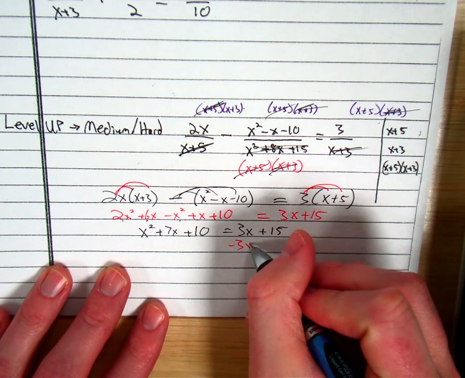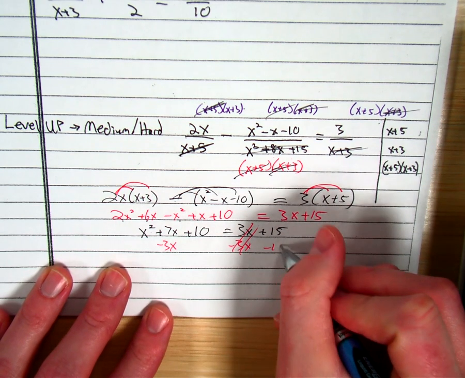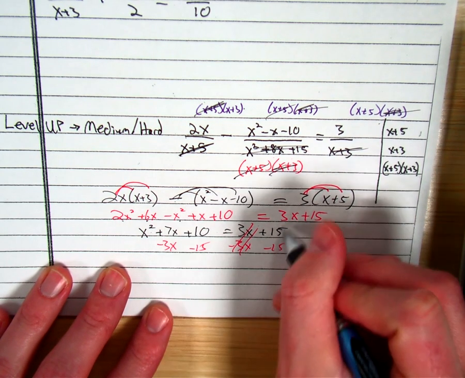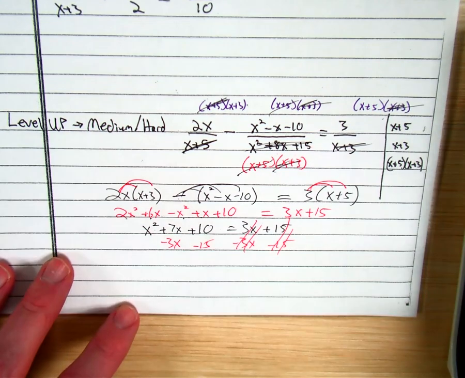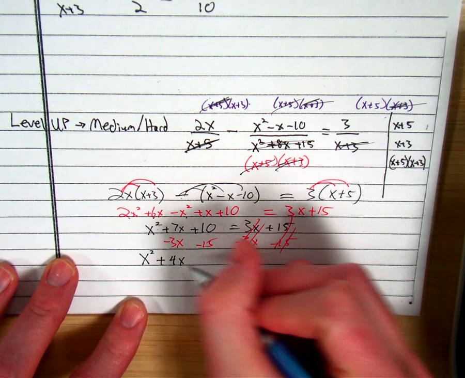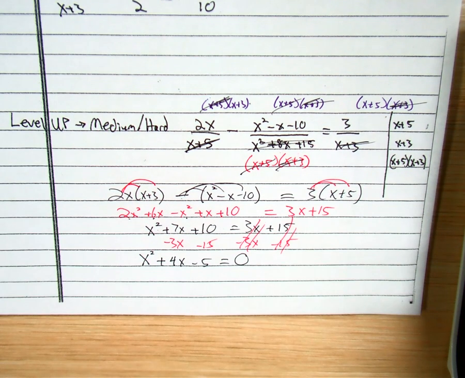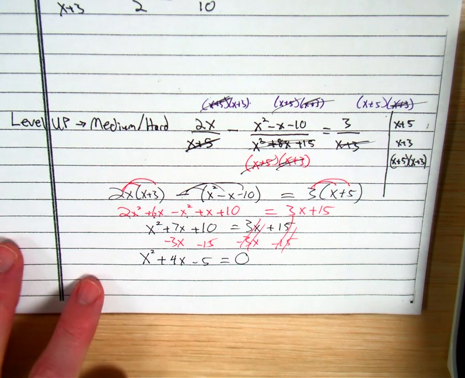We'll go minus 3x and minus 15. x squared plus 4x minus 5 equals 0. Now we're ready to try to factor.